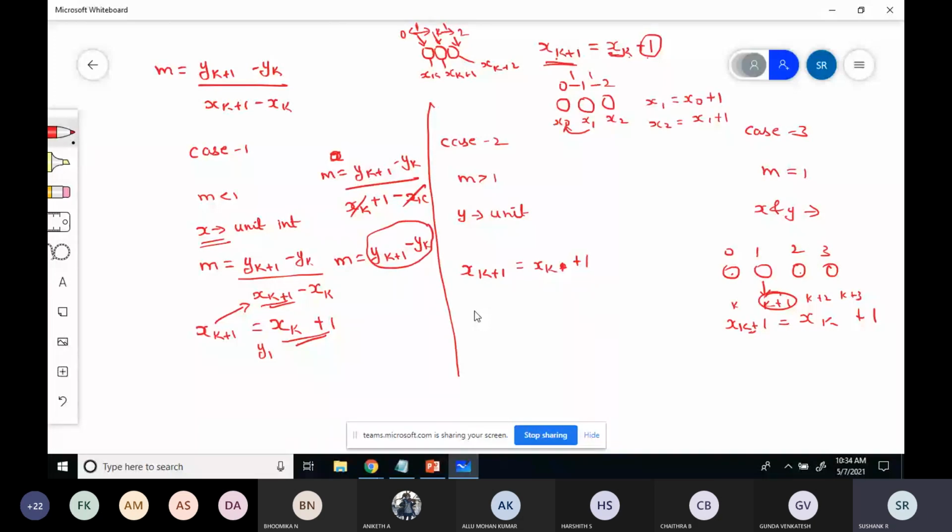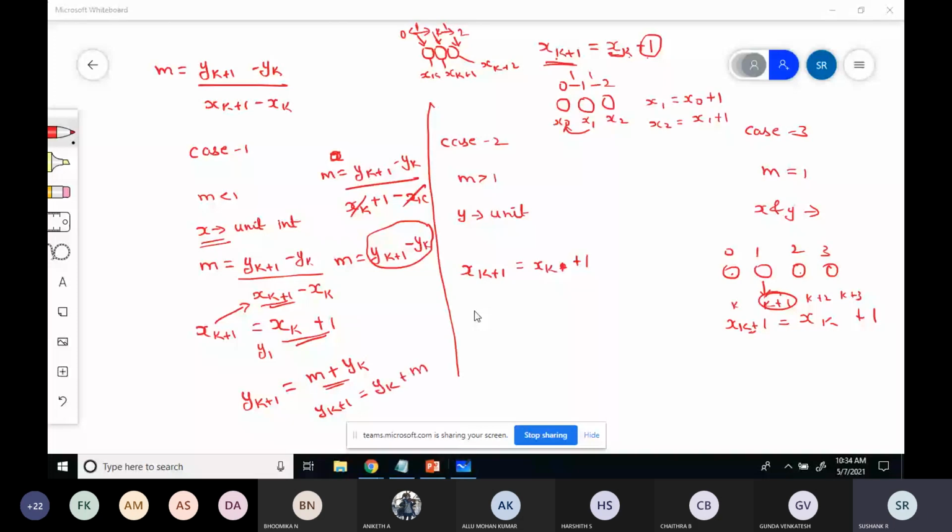So m is equal to yk minus y1. But we want to find the next pixel position, so that is y of k plus 1. So y of k plus 1 is equal to m plus yk. Or if I rearrange these terms, y of k plus 1 is equal to yk plus m.